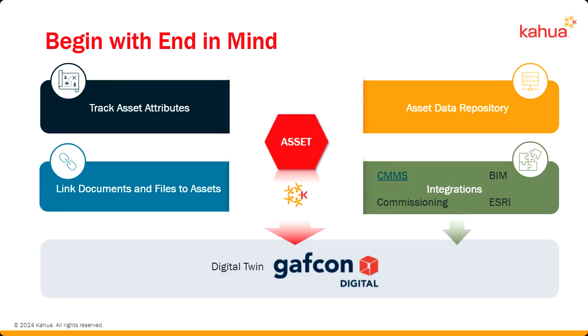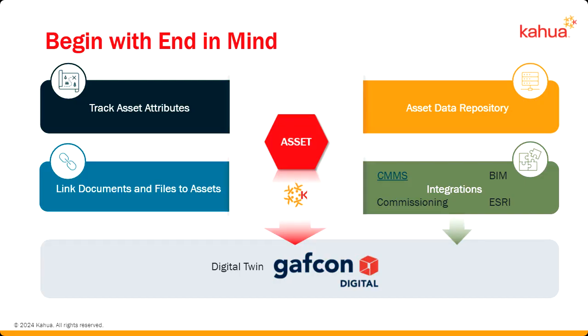So before I jump into the demo, let's begin with the end in mind. As you can see, we put the asset front and center on the projects. This doesn't change how you operate your project. You're very easily able to connect assets to your project documentation. So what I'll show you today is how you can track the asset attributes throughout the project lifecycle, how you can link your project documents and files to those assets, how you'll also have that asset data repository so that you're able to leverage our analytics and see the data collection progress.